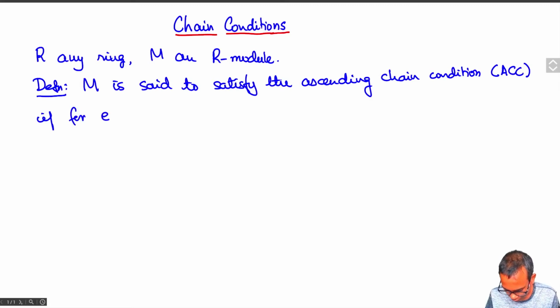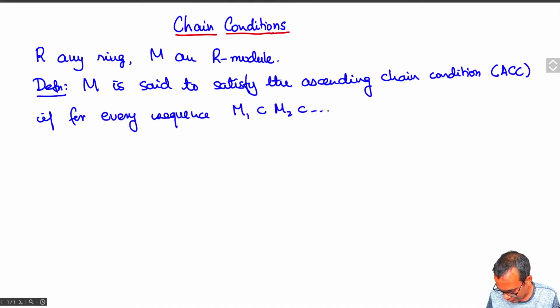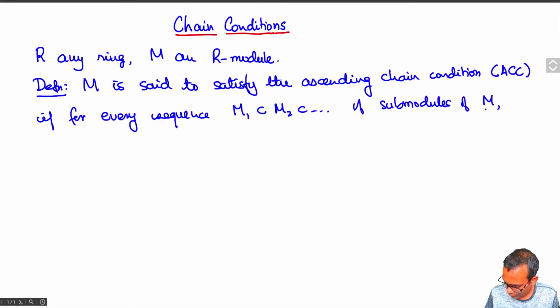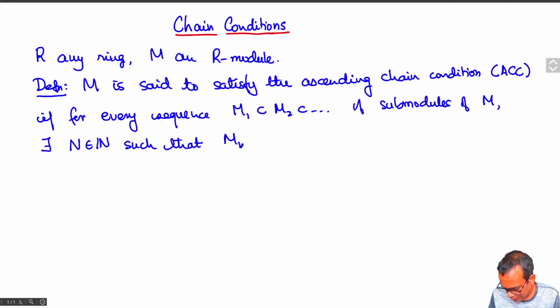So if for every sequence M1 contained in M2 contained in so on of submodules of M, there exists a natural number n such that Mk is equal to Mk plus 1 for all k greater than or equal to n. Or in other words, Mk is equal to Mn for all k greater than or equal to n.